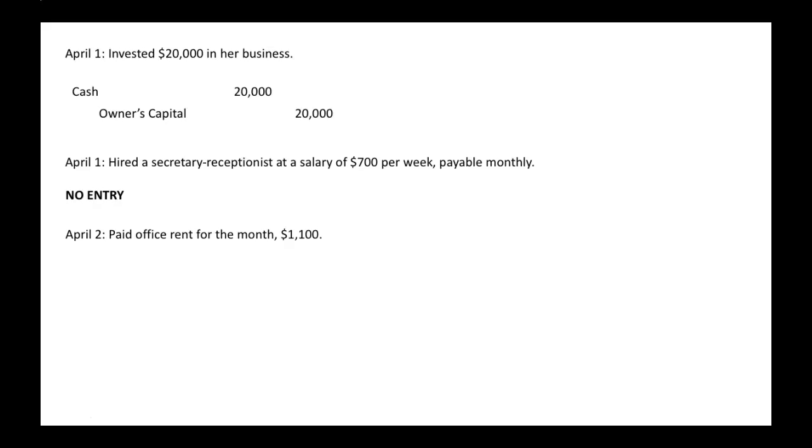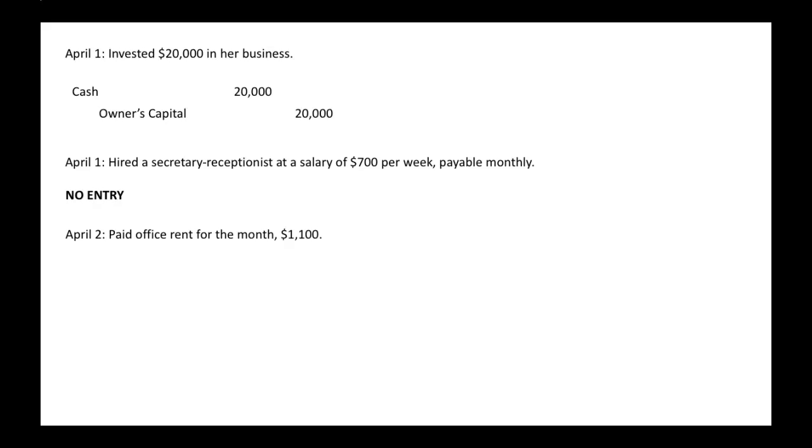Now on April 2nd, you paid office rent for the month of $1,100. So here, we can think about what kind of accounts are affected, because this is a transaction. If we were paying for the office rent for more than just 1 month, like if we were paying in advance, let's say for a full year, that's when we would use our prepaid rent account.